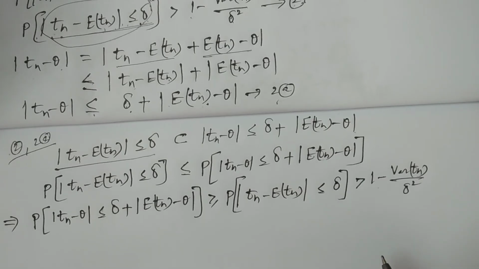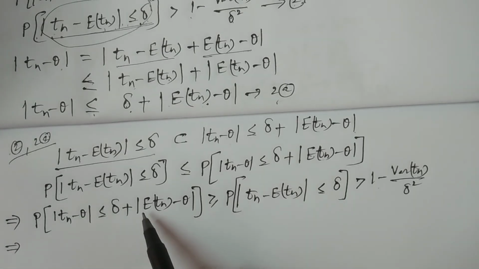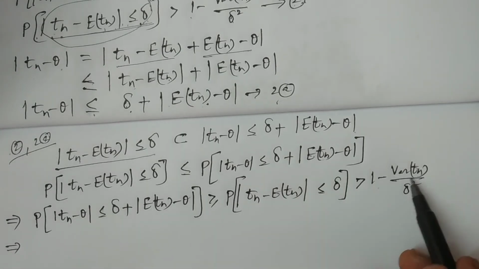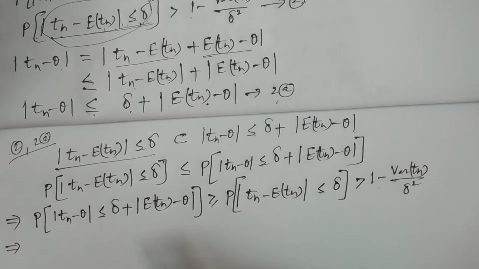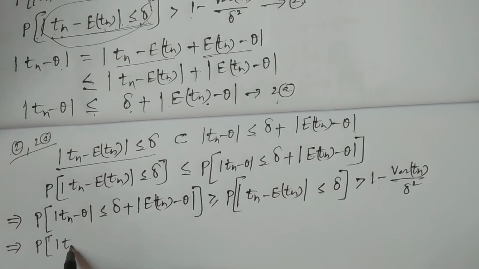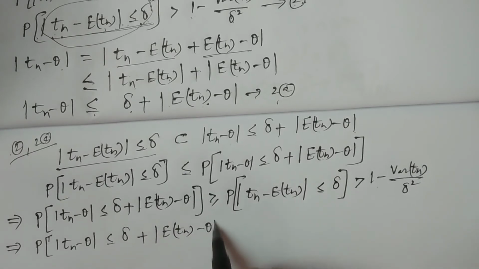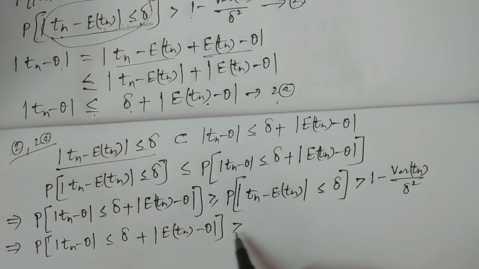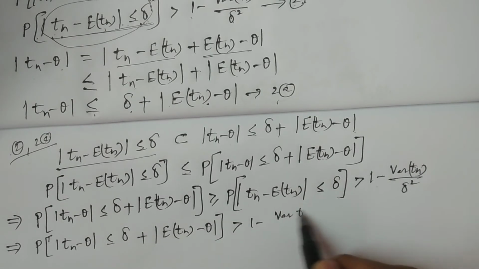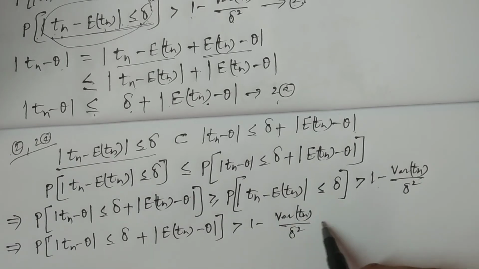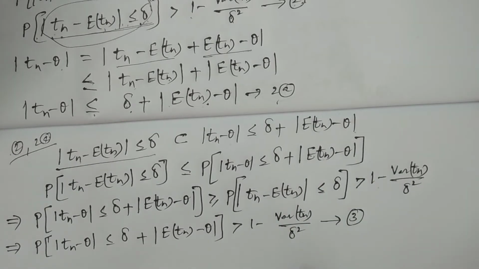This is greater than or equal to 1 − Var(Tn), and I write one more step: if A is greater than or equal to B and B is greater than or equal to C, then A is greater than C. That is, the probability of |Tn − theta| ≤ delta + |E(Tn) − theta| is greater than 1 − Var(Tn)/delta². Let this be equation 3.